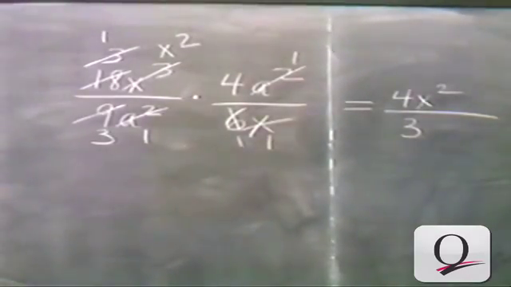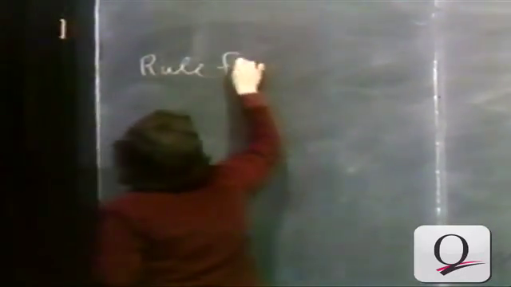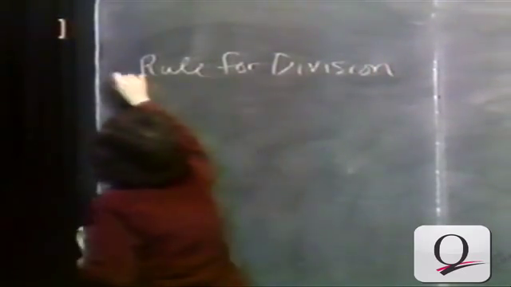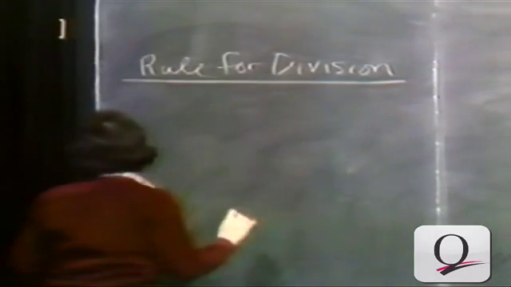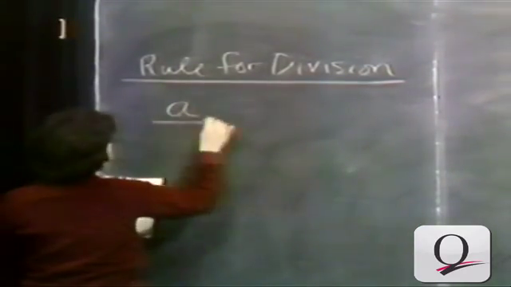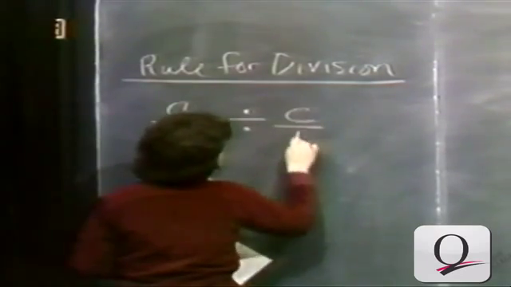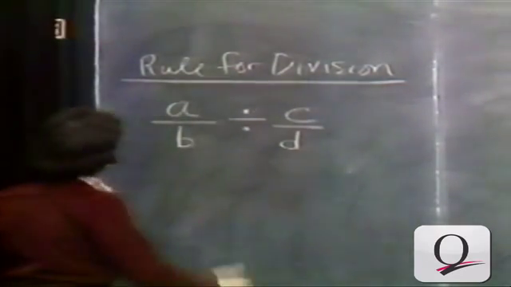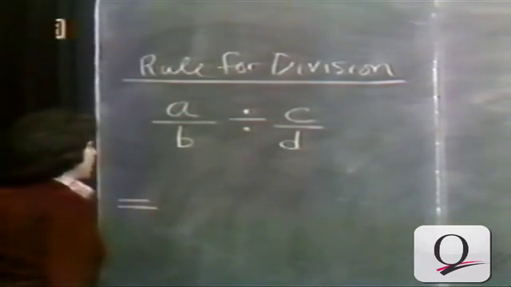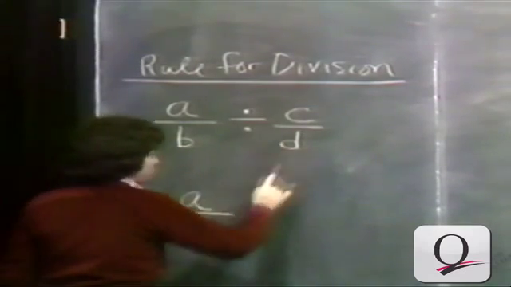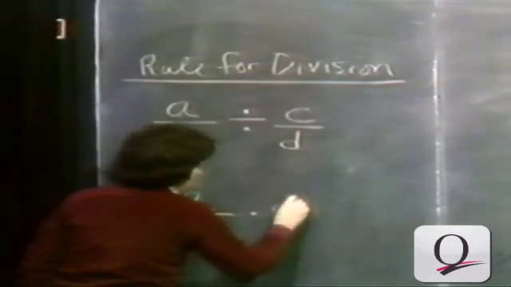Now let me give you the rule for division. We want to divide two fractions. Rule for division. Division of fractions: A over B divided by C over D. The rule says if you want to divide two fractions, you invert the divisor and multiply.